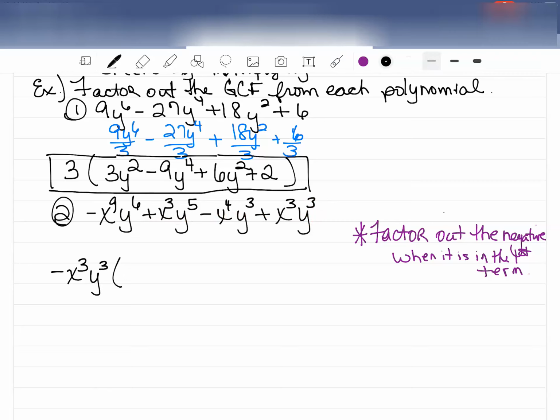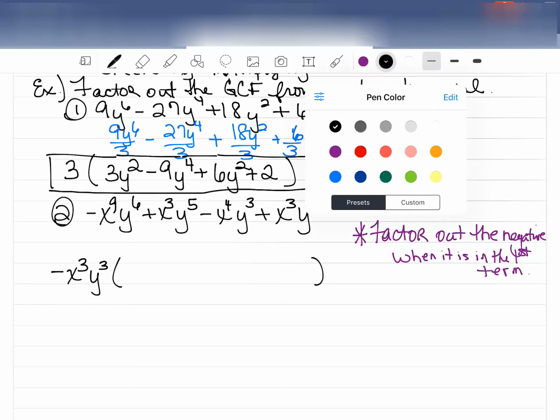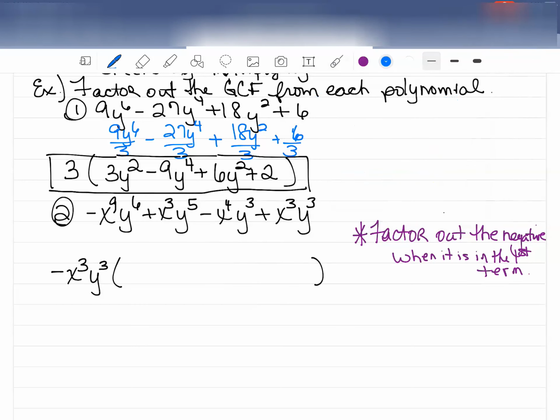Now I have to figure out what I'm leaving behind to put inside the parentheses. To do that, I'm going to do my little division part. I'm going to take each term and divide it by our greatest common factor of negative x cubed y cubed.